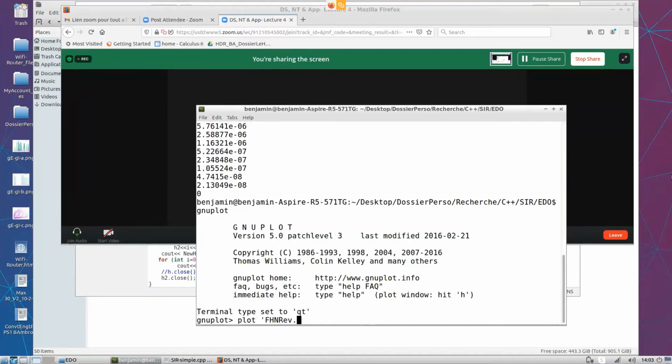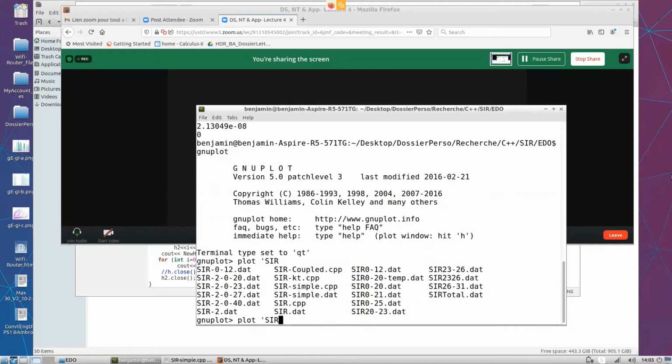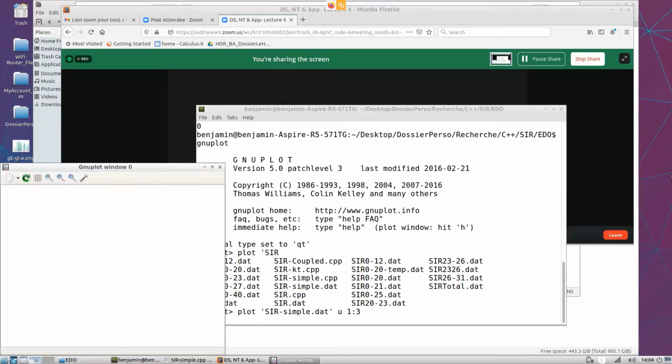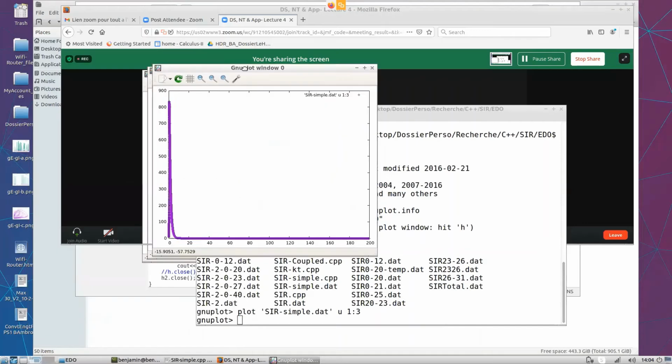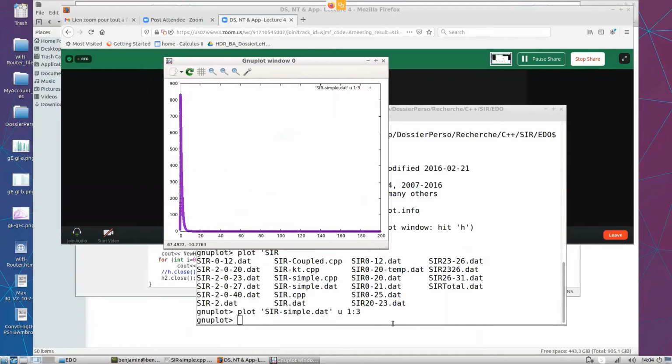So what I want is to show the time evolution of I as a function of the time. The time is my first column in my file, and my I is the third column. So I just print that. And okay, you have that, right?